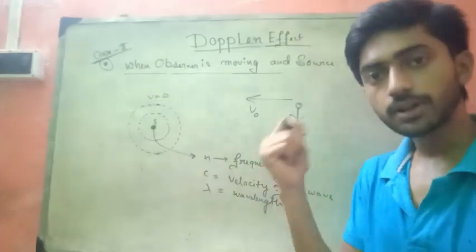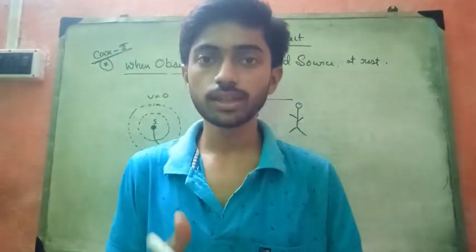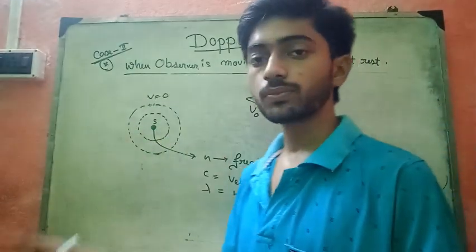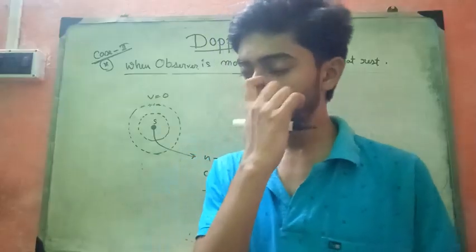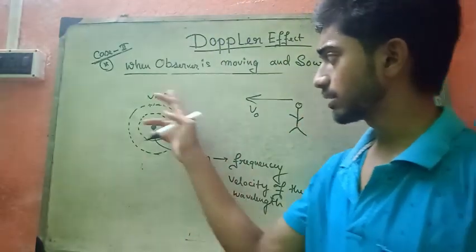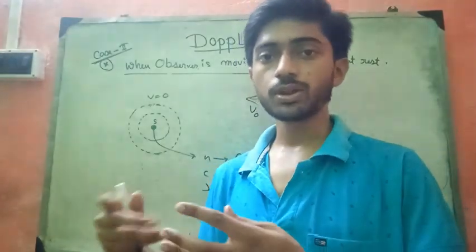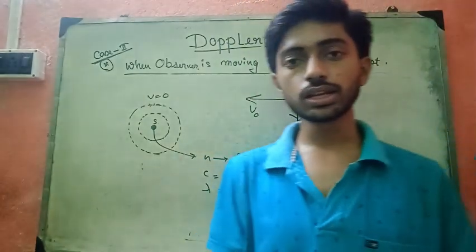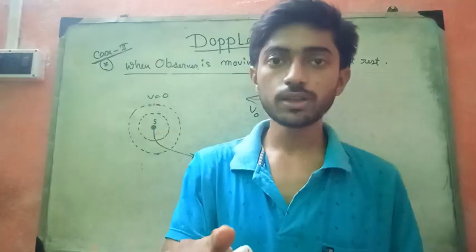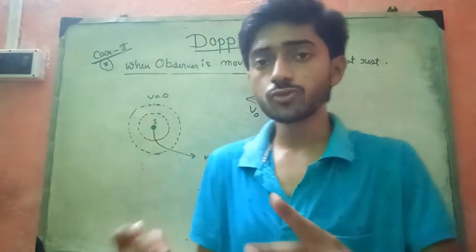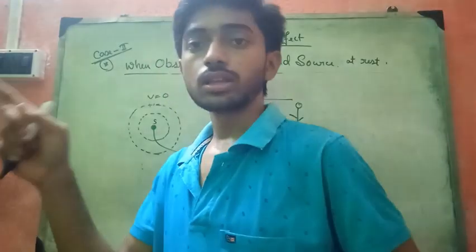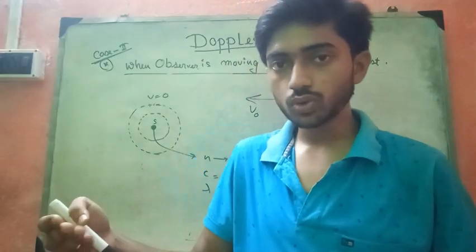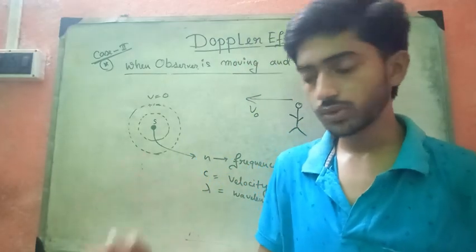As the observer is moving, the wavelength of the emitting source is the same as in the previous case, the wavefront is spherical. So here the velocity of the wave is affected, because when any observer moves towards the source, the frequency is increased.